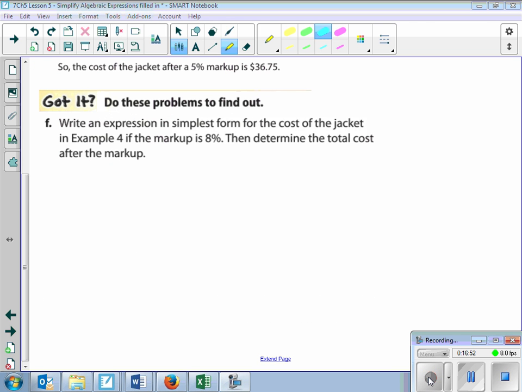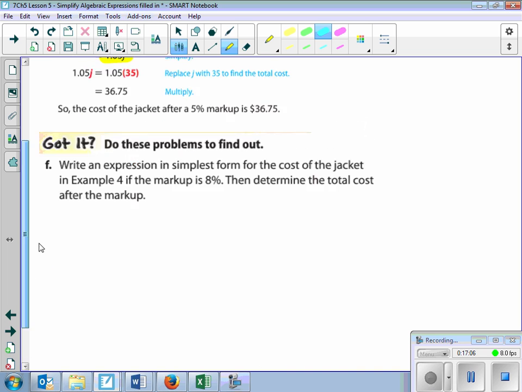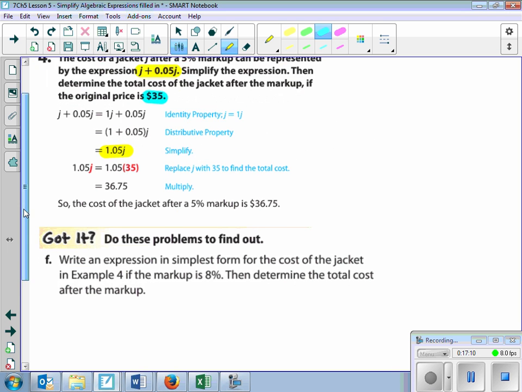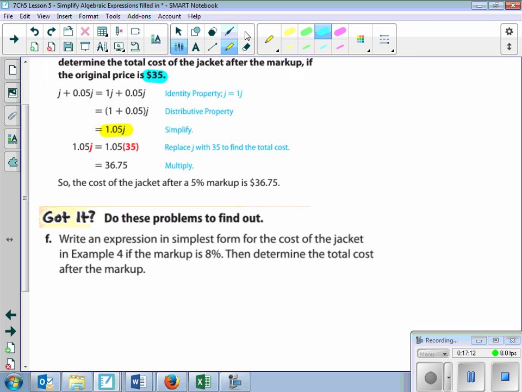So the cost of the jacket after 5% markup is $36.75. So for the got it, it says write an expression in simplest form for the cost of the jacket in example 4 if the markup is 8%. Then determine the total cost after the markup. So we're going to use the same information that we have up here to write our expression.